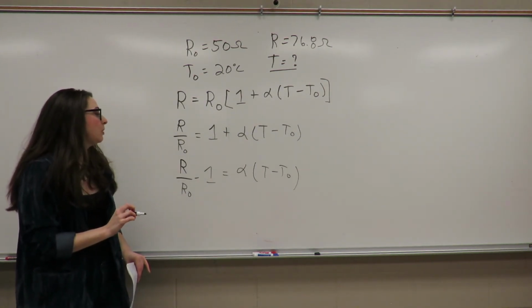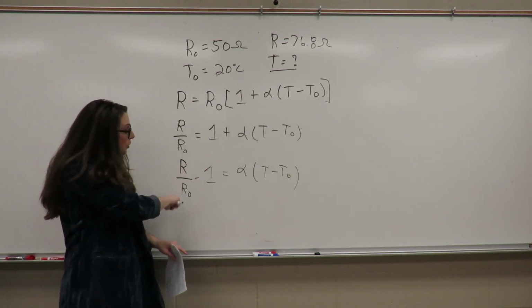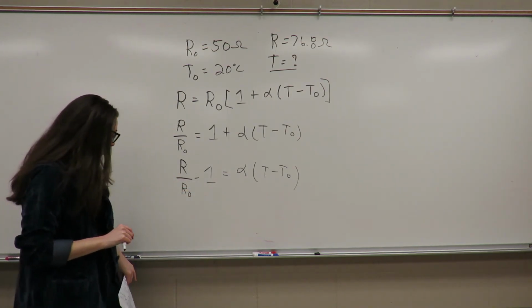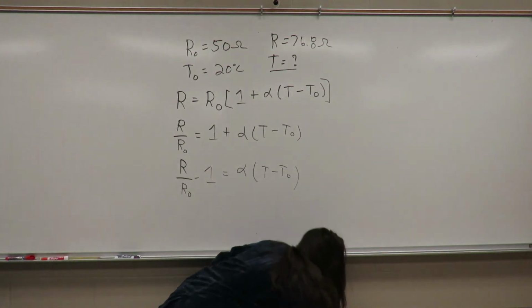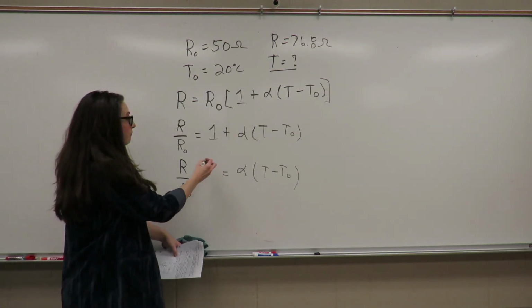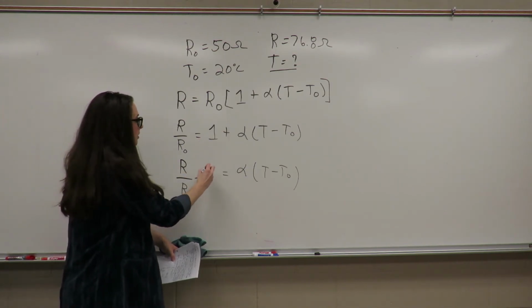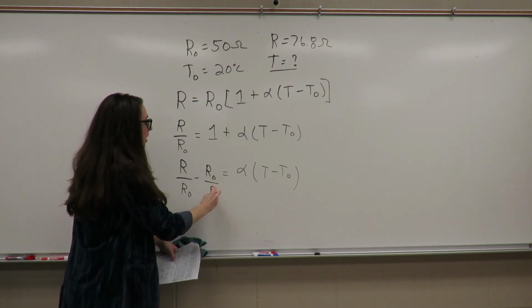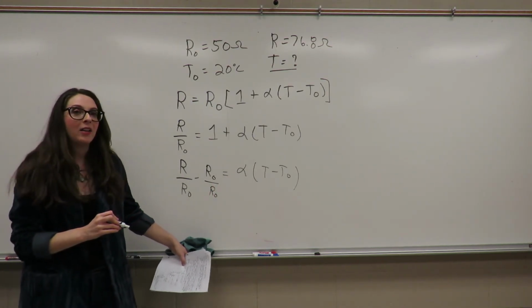Okay, so I'm going to do a little trick in order to combine this fraction with this minus 1 here. So this 1 right here, we want to get common denominators here. So this 1 we can write as R0 over R0. That's the same thing as 1.